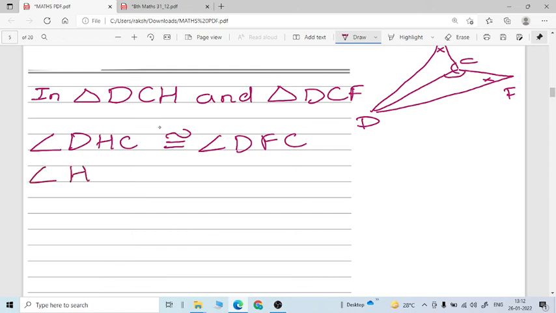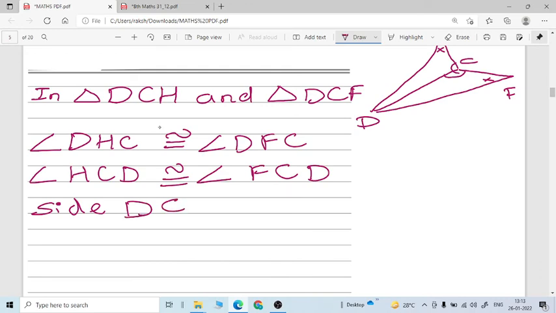Angle HCD is congruent to angle FCD, and side DC is congruent to side CD.